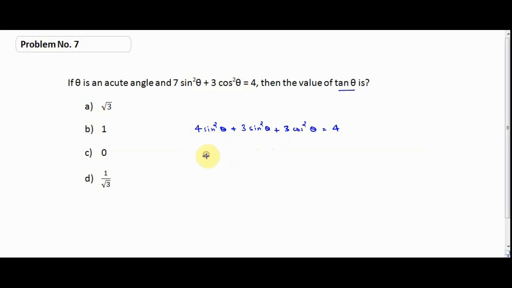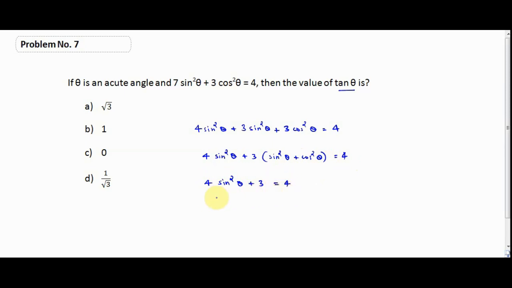So 4 into sine square theta plus 3 into sine square theta plus cos square theta will be equal to 4. Now we know that sine square theta plus cos square theta is equal to 1, so the left hand side can be rewritten as 4 sine square theta plus 3, and that will be equal to 4.